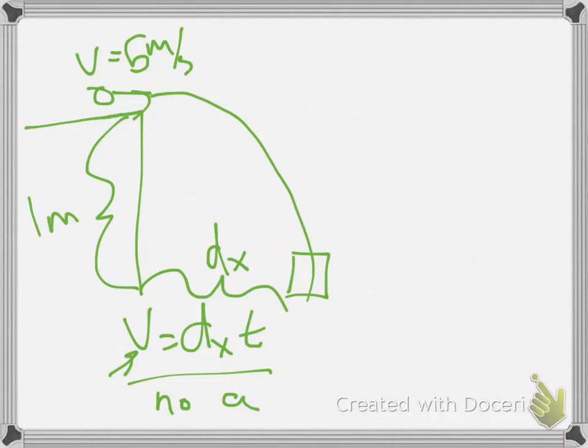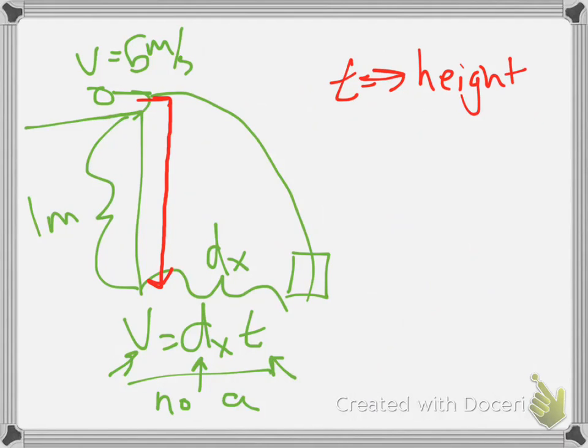So we know the velocity, we're looking for distance. The thing that we need is time. Well, what is it that's going to affect how much time we have? Well, if the object comes off the table, then it has the same amount of time to go forward as what it does to fall. So the time is related to the height that it falls.